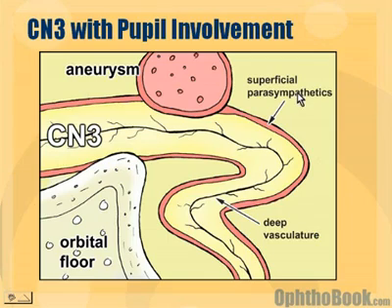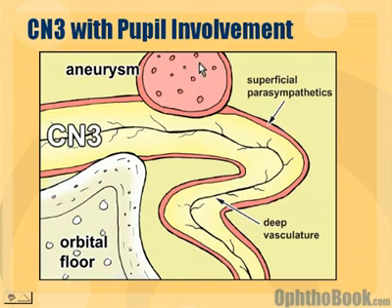However, the parasympathetics, and the parasympathetics are responsible for pupil constriction. So you see a bright light, your parasympathetics kick in and it constricts your pupil. Those parasympathetics travel with the third nerve, and they have a tendency to run on the outside of the nerve, so they're very susceptible to compression.